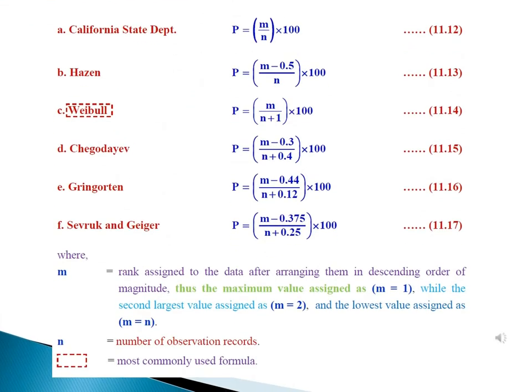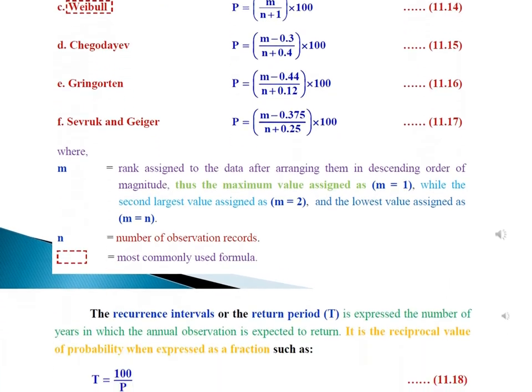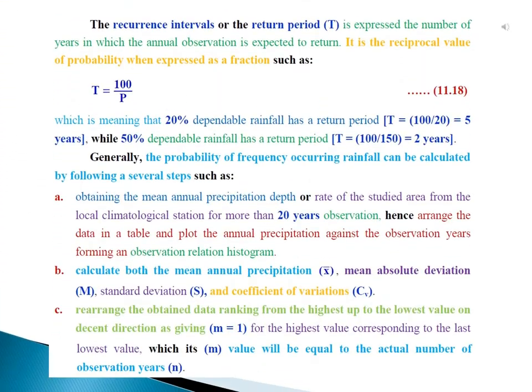Look, my dear, the probability of occurrence P% can be calculated by following several formulas as shown in the enclosed equation. Follow it, my dear, by yourself. So easy. The recurrence interval, or return period T, is expressed as the number of years in which some annual observation is expected to occur.